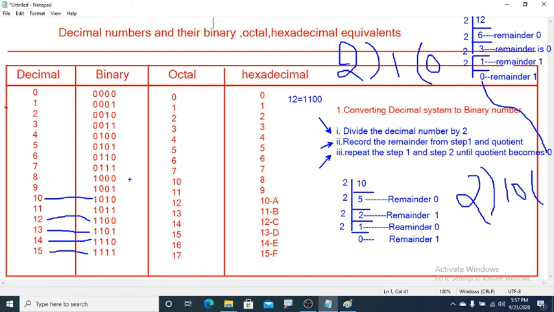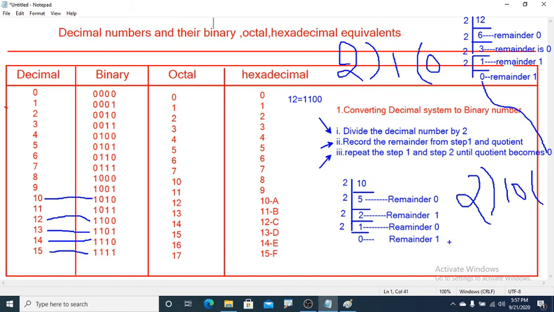Okay, so I am revising converting from the decimal to the binary number system. The steps include this: divide the decimal number by 2. We have divided the decimal number by 2. Finally we recorded the remainders and quotients, and we repeated step 1 and step 2 until the quotient becomes 0. This is a quotient. It becomes 0. We repeated the steps.